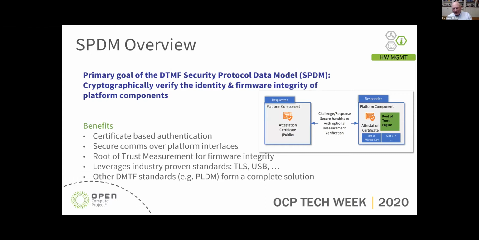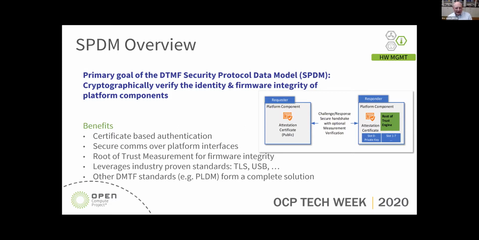So thanks, Amil. What I will do is present two examples of attestation protocols that are being used in the industry today. One of which is SPDM, which is the Security Protocol and Data Model. It's standardized by DMTF, which is behind many of the management protocols that we use in our servers and other platforms.